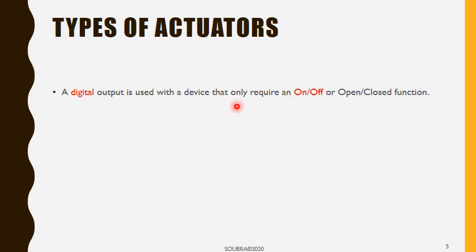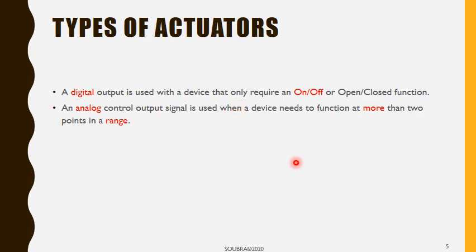Alright, so this is the easy part, and we've seen that we can use digital ports in order to control this type of actuators. What is the other type? Alright, so imagine that you need an actuator that has more than an on-off scheme.